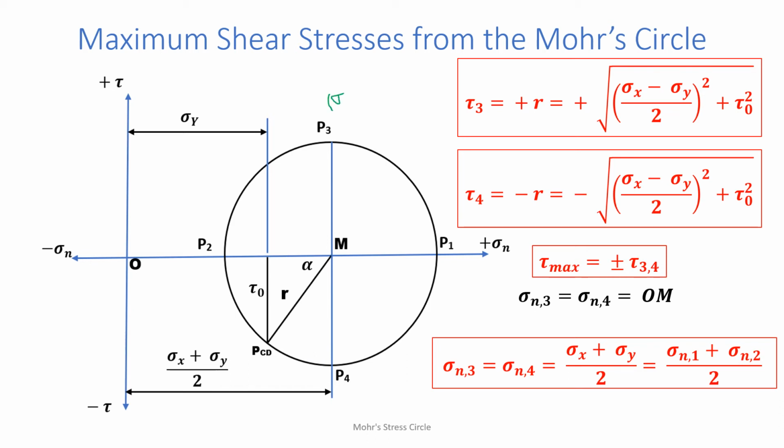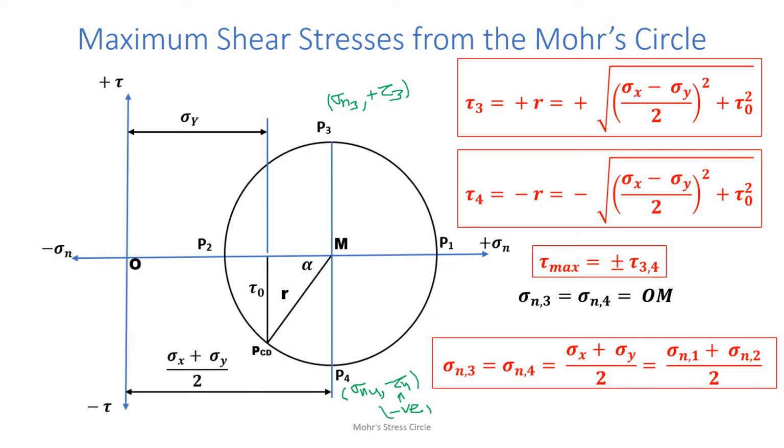For this plane, the normal stress will be sigma n3 and the shear stress will be positive, tau 3. For this plane, the normal stress will be sigma n4 and the shear stress will be tau 4. So tau 4 will be negative, and these will be the maximum shear stresses.